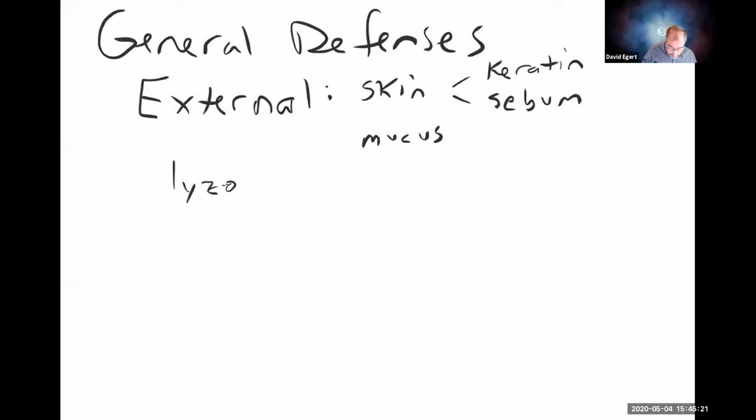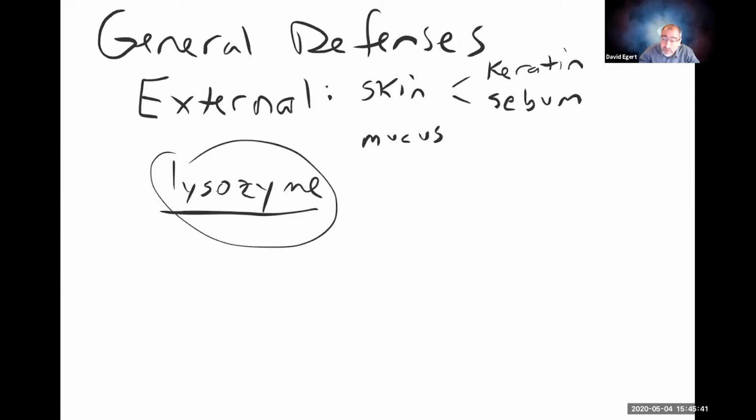Let me spell it correctly. Lysozyme is an antimicrobial compound that's made by your body to put into all sorts of secretions. It's in your tears. It's in your saliva.